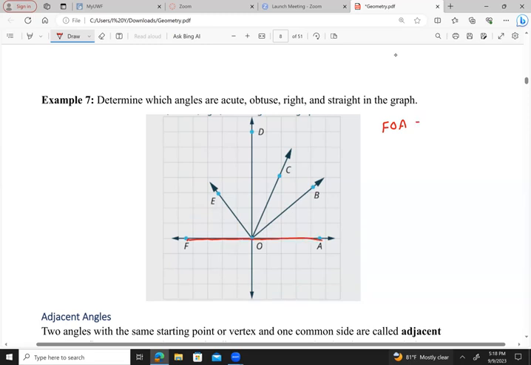And it is, of course, a straight angle. Okay. So the right angles.